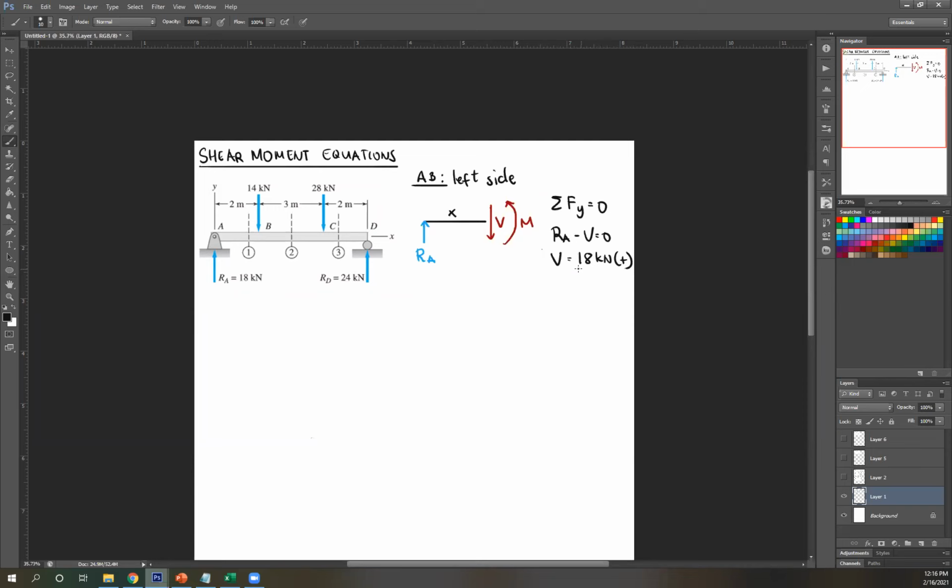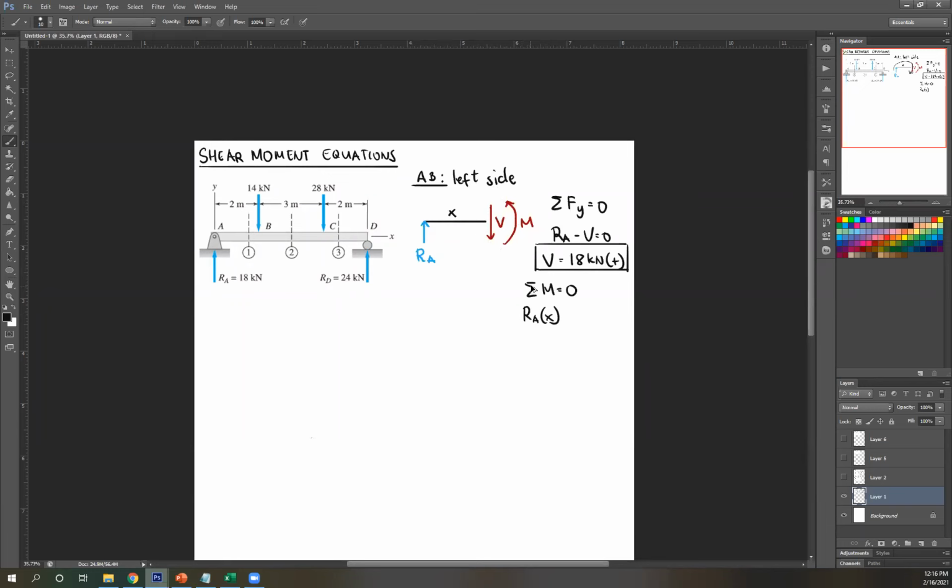Next, how about moment? Same thing with moment, summation of moment equals 0. Moment about this segment. So RA times distance x, right?